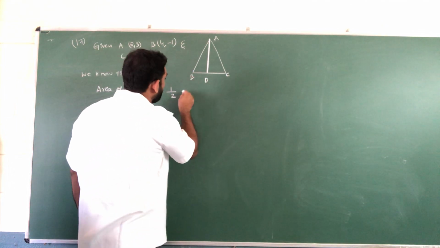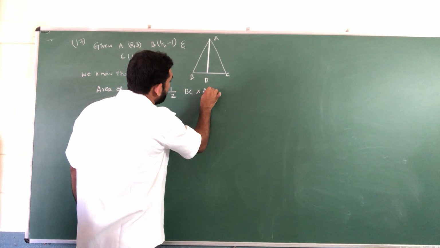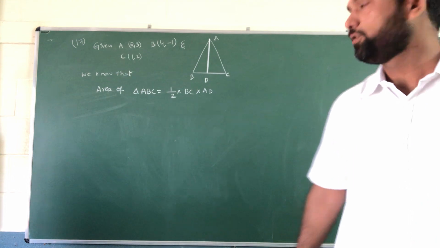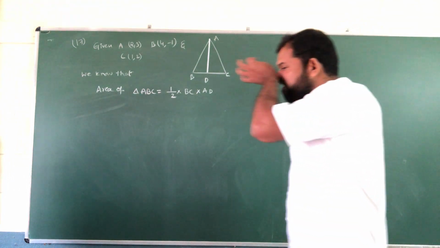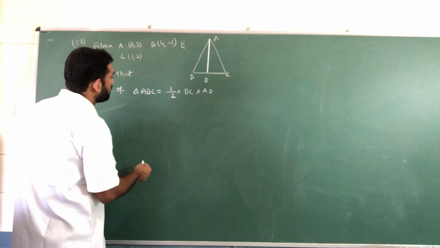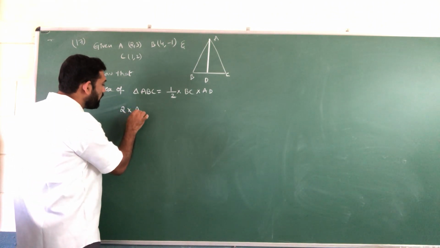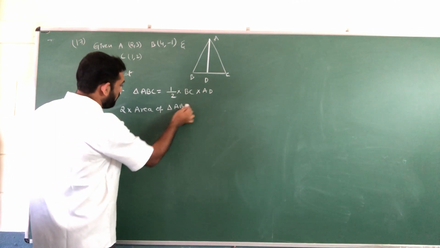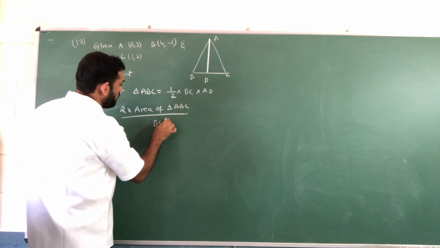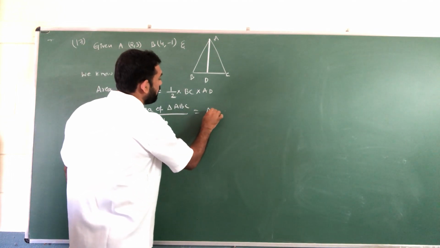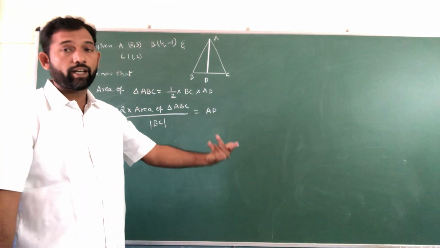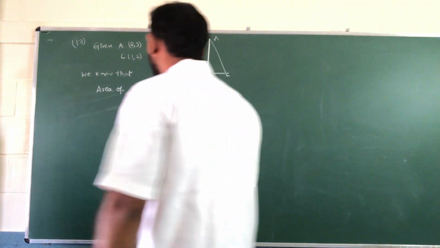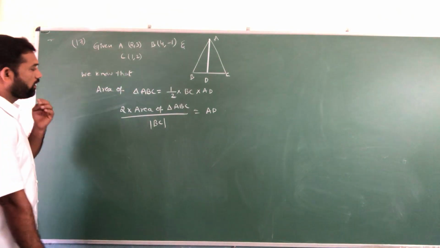Base is BC, into height, which is AD. Half into base into height. Right? So 2 into area of triangle ABC divided by BC is equal to AD. So using this formula we are getting the AD length. Okay, now you simplify that one.